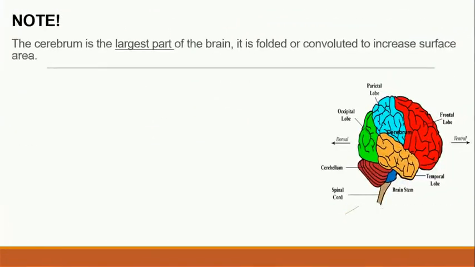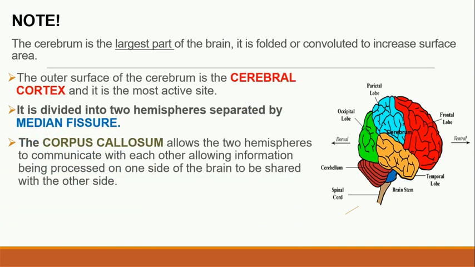Note: the cerebrum is the largest part of the brain. It is folded, or said to be convoluted, in order to increase the surface area. The outer surface of the cerebrum is the cerebral cortex, and it is the most active site of the brain. Now the cerebrum is divided into two hemispheres separated by the medial fissure.